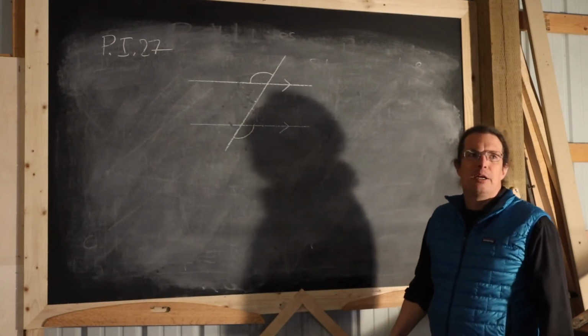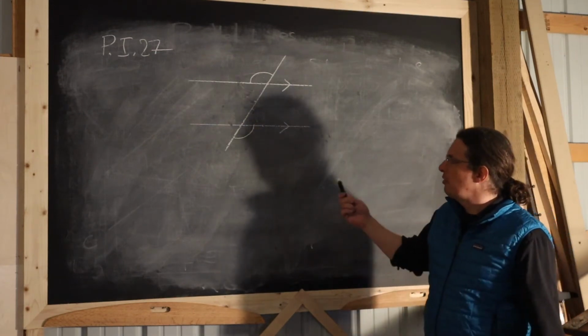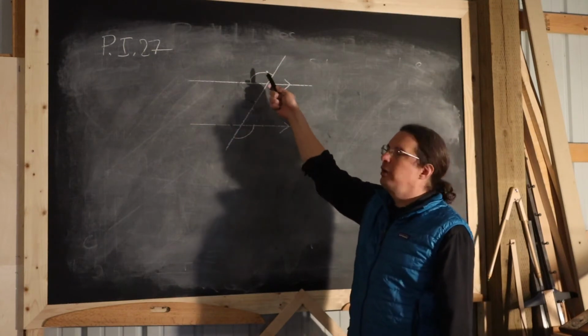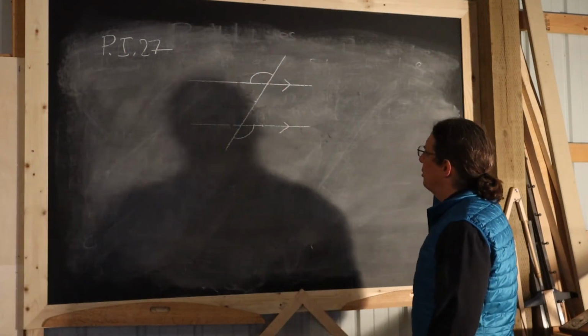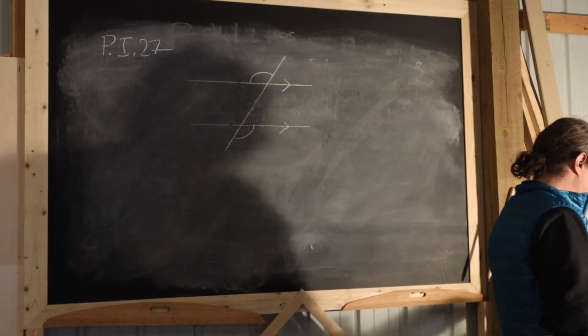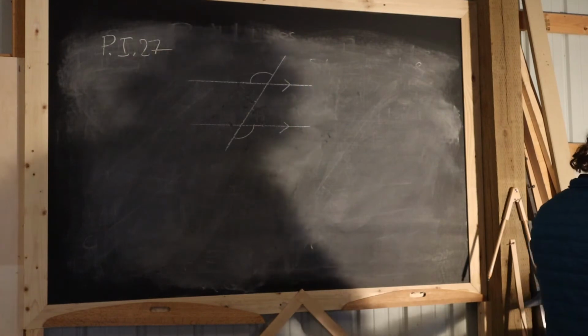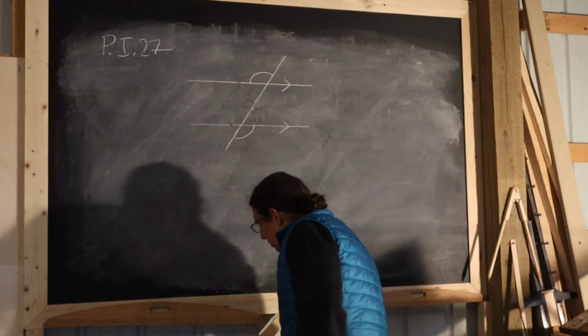They're exterior because they're outside of the network of lines. So that's also sufficient. If you could show that those are equal, then you've got a parallel line network. So that's what proposition 27 says.